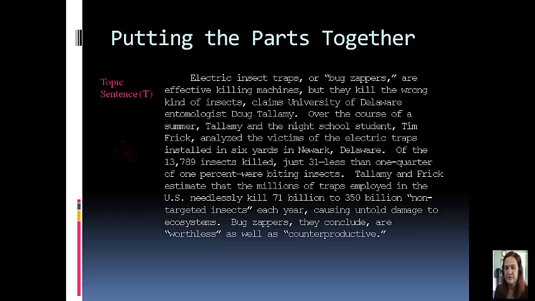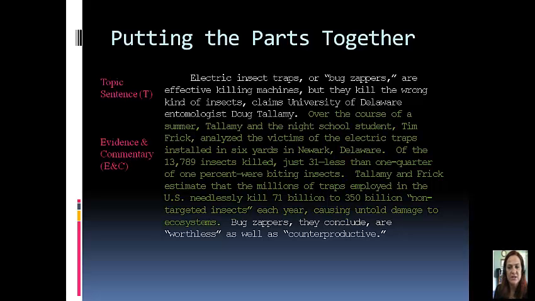Then we have our evidence and commentary. Our evidence starts out with this experiment that they did in 6 yards in Newark, Delaware. And they counted out 13,789 bugs. And of those 13,789 bugs, only 31 were biters. So that means they not only counted the bugs, but they typed the bugs.